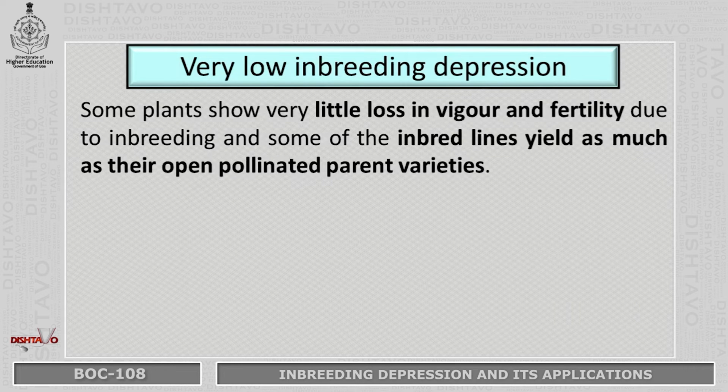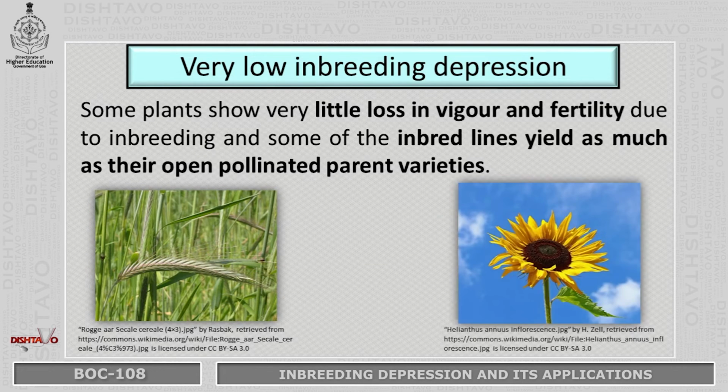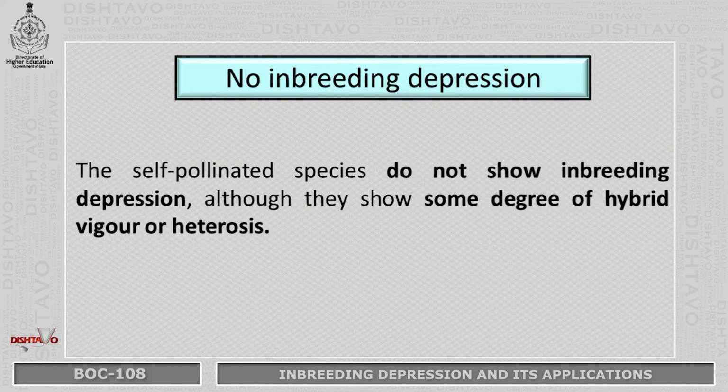Some plants show very little loss in vigor and fertility due to inbreeding, and some of the inbred lines yield as much as their open pollinated parent varieties. Example, rye and sunflower. No inbreeding depression. The self-pollinated species do not show inbreeding depression, although they show some degree of hybrid vigor or heterosis.